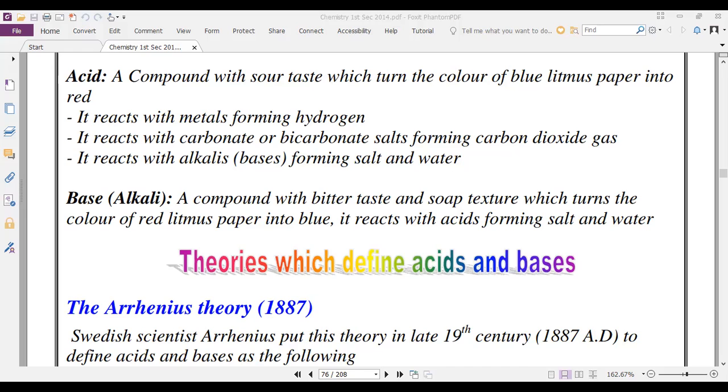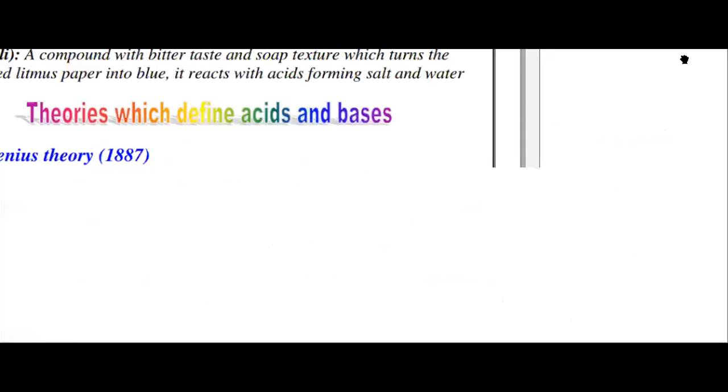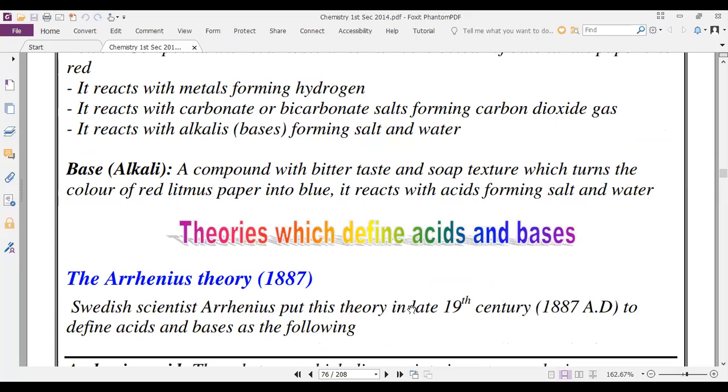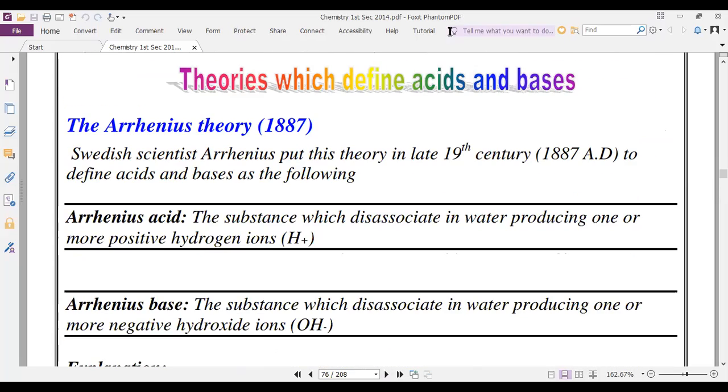No. Okay, so after that, this is about theories. What about theories which define acids and bases? There are many theories that define acids and bases. Number 1, Arrhenius theory. Arrhenius put his theory in the late 19th century to define acids and bases. What's meant by acids and bases according to Arrhenius?